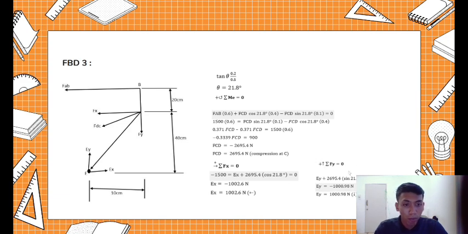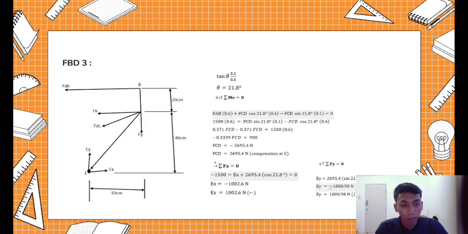The equation of Fy, which is the force y considered upward direction as positive, equal to 0. Ey plus 2695.4 times sine 21.8 degree equal to 0. The answer of Ey equal to negative 1000.98 Newton.